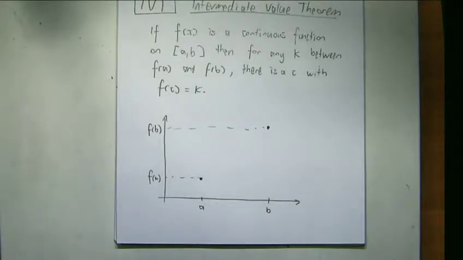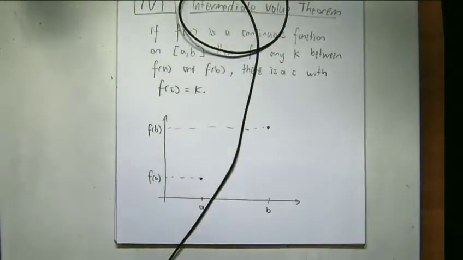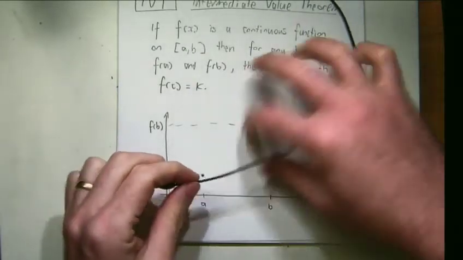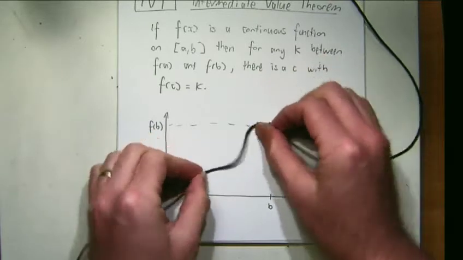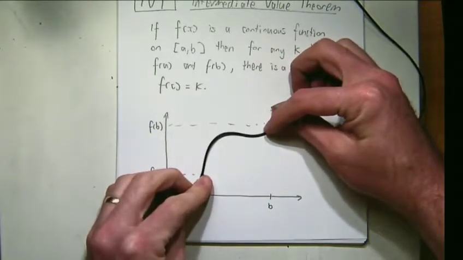That's what it says. So let me just see if I can find something, because I didn't bring a piece of string with me. Looks like my microphone cord is the best one. I'll just have to rely on the lectern microphone for a second. You have a function that goes between here and here. It might be straight, it might be curved in any number of ways, but it doesn't matter what shape it is.